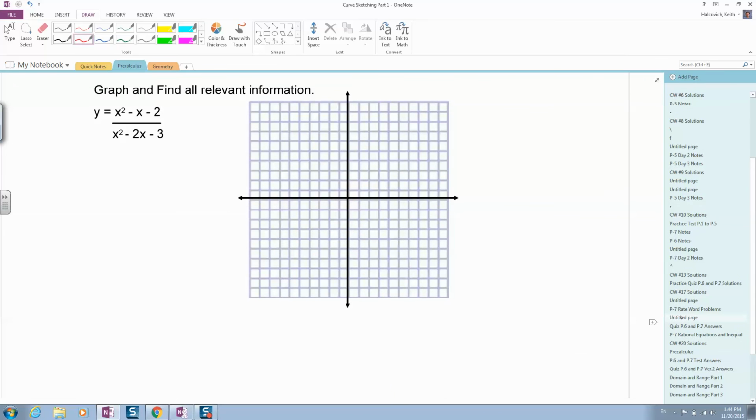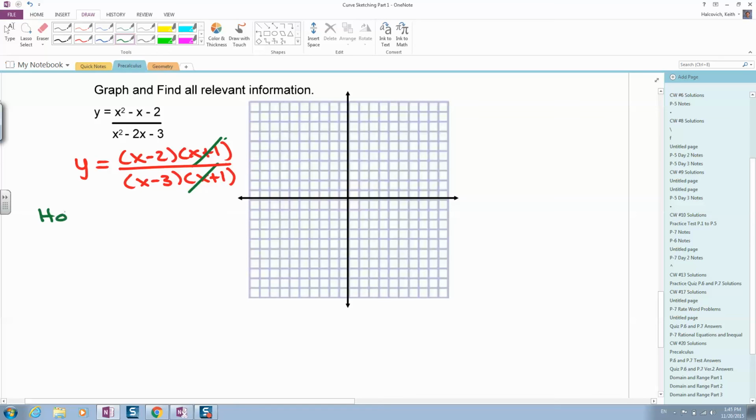All right, the next graph here, notice if we factor, we get x minus 2 and x plus 1. And here we get x minus 3 and x plus 1. Now notice we can cancel the x plus 1s. When we cancel out a factor, it creates a hole in the graph at x equals -1.